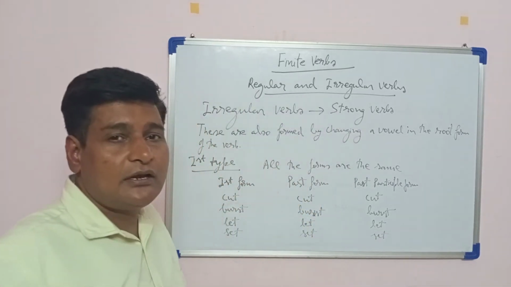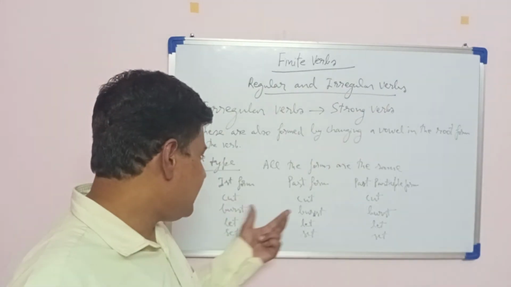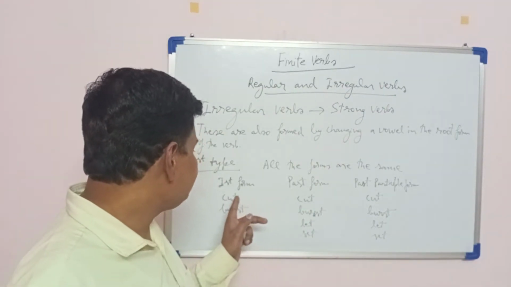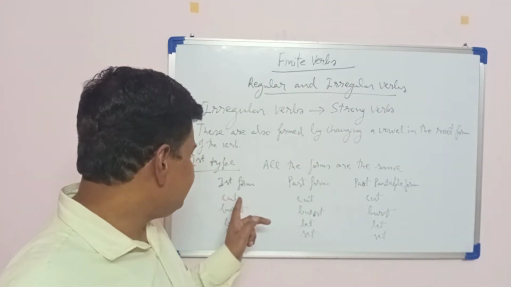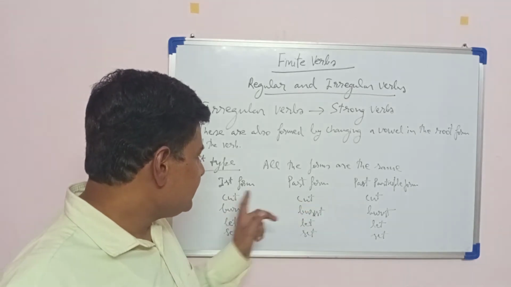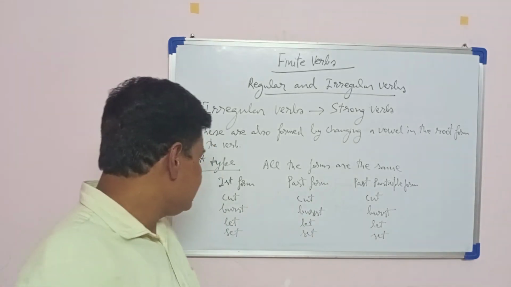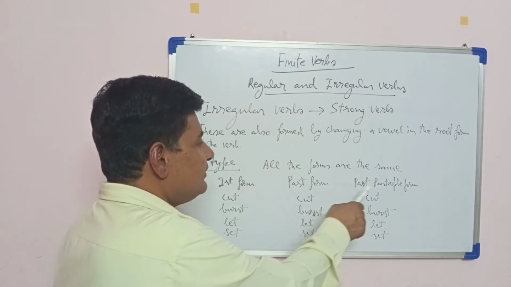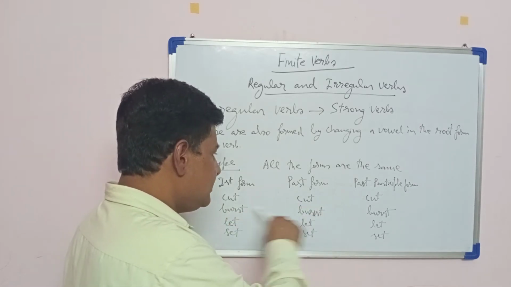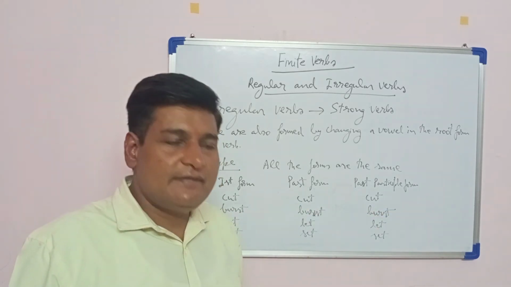So there are a number of verbs which have the same form in all the three categories. First form, past form, past participle form, in all these forms remain the same.